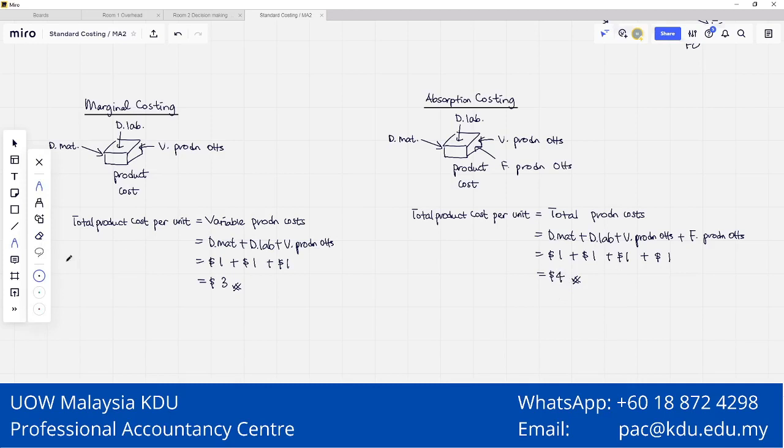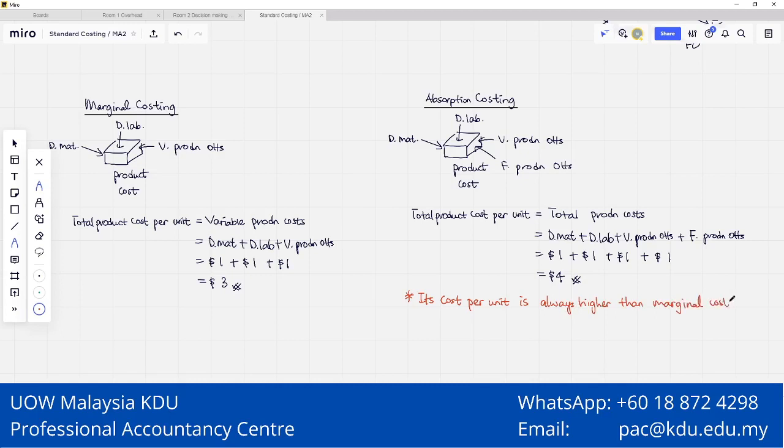Based on this concept, we can have these two conclusions. Under absorption costing, the product cost per unit is always higher than under marginal costing.